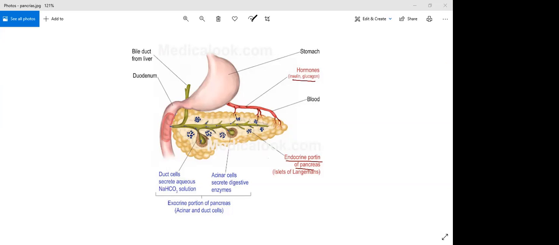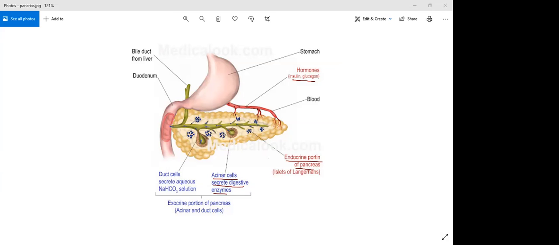Next, look, these are the glands. There are two kinds of cells. Duct cells secrete an aqueous NaHCO3 solution, and mainly the main part is the acinar cells, means the cells of acini. They are the digestive part; they secrete digestive enzymes, right? The cells of acini have the exocrine part and secrete digestive enzymes, and these digestive enzymes are poured into our duodenum with the help of the pancreatic duct.